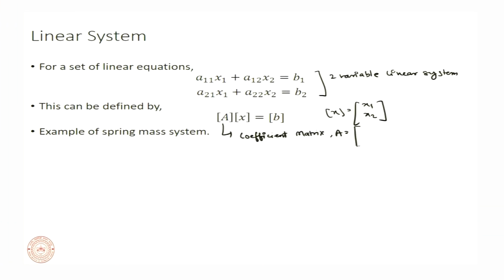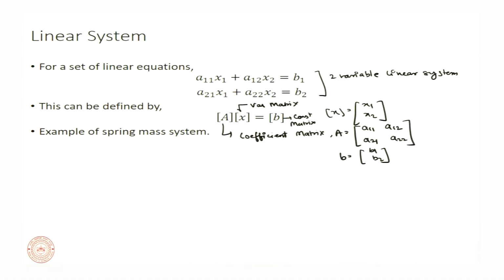A, which will be composed of a11, a12, a21, a22. Okay. X is our variable matrix and B is our constant matrix. So, what is B? B is equal to b1 and b2. Alright.